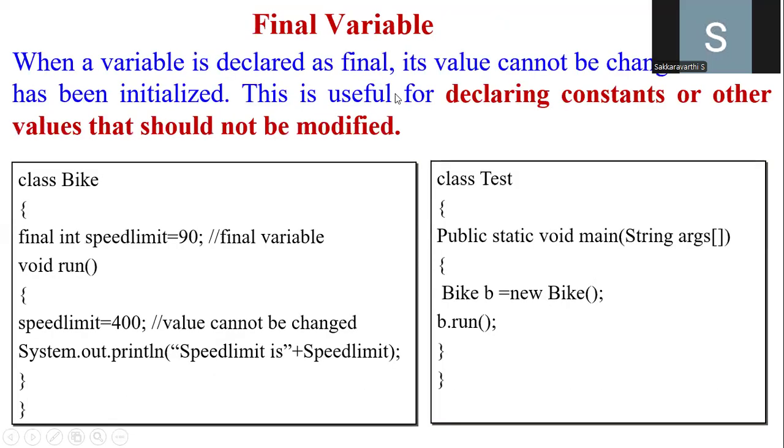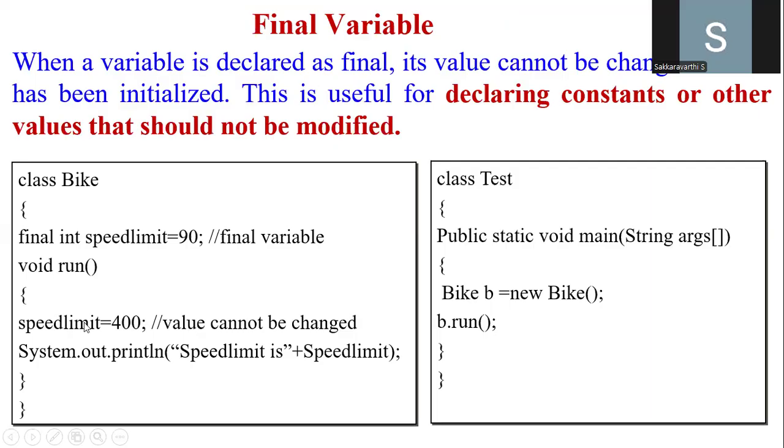Let's see a program, how we can declare a variable with final. Here, the class name is Bike, and I am declaring the variable speedlimit of type integer, and it is declared with the final keyword. In the run method, I'm trying to update the value 400 for the speedlimit.